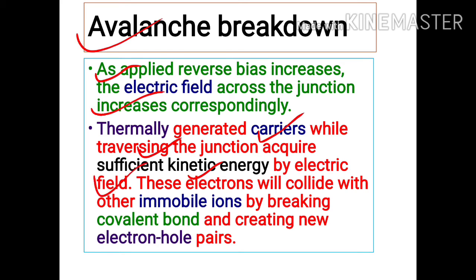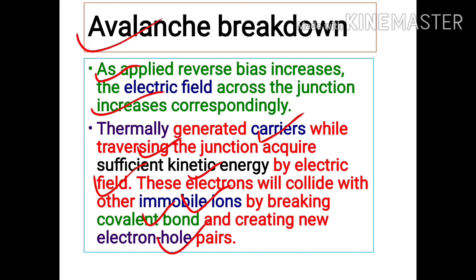These electrons are going to collide with the other immobile ions by breaking the covalent bond, and they will create new electron hole pairs.